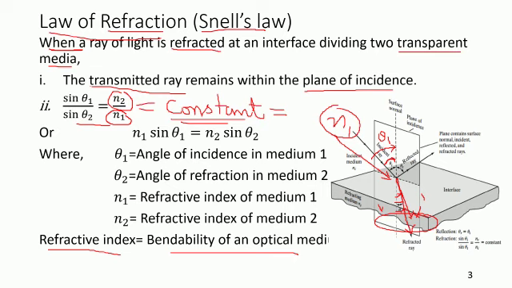So this can be water or this can be glass, and you know for water the refractive index is 1.33, and for glass, depending on the type of glass, it will have a refractive index ranging from 1.50 to 1.58 or things like that. And what is refractive index? This is the wave bending ability of light. This is called the bendability of an optical medium.